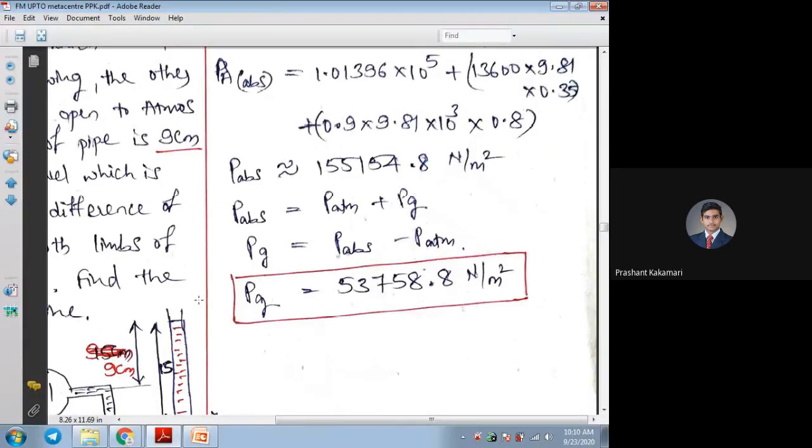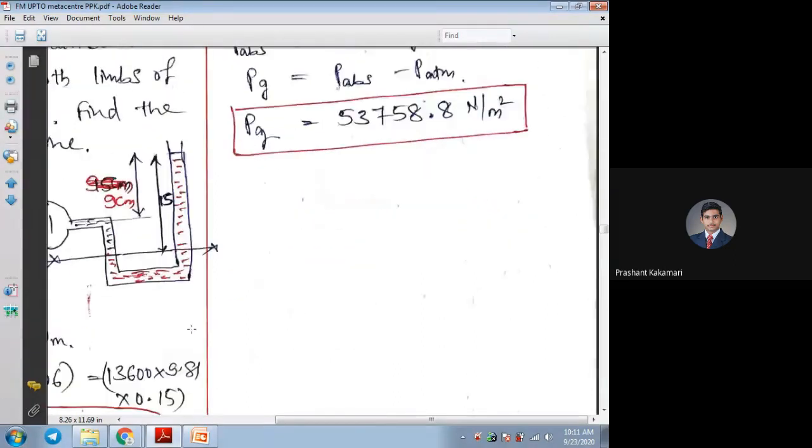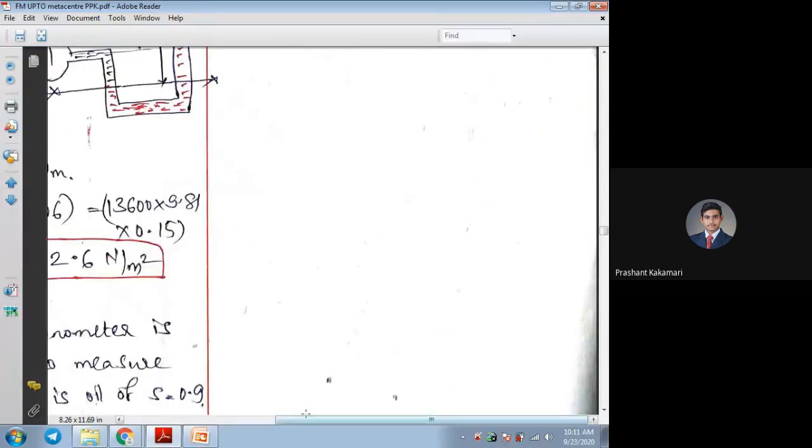Gauge pressure is equal to absolute pressure minus atmospheric pressure, or you can write P total minus P atmospheric. That will give us the gauge pressure with respect to atmosphere as the reference. If this is understood, we take some other types of problems.